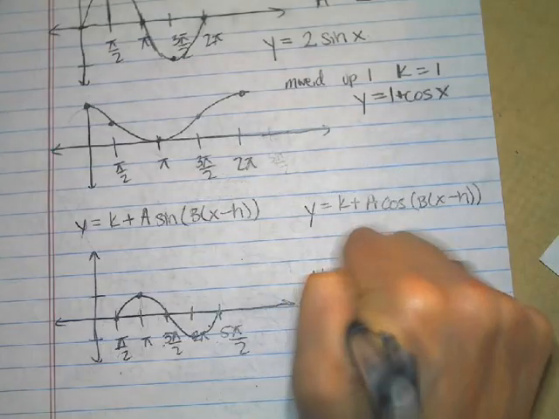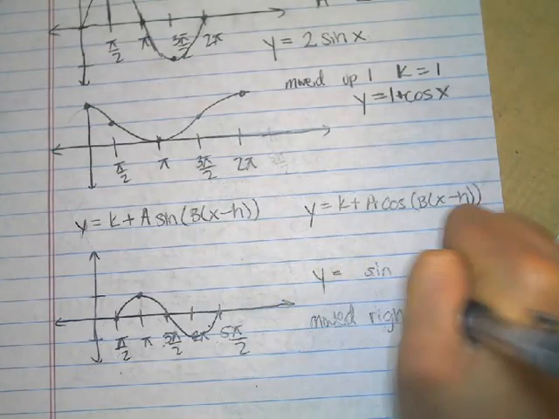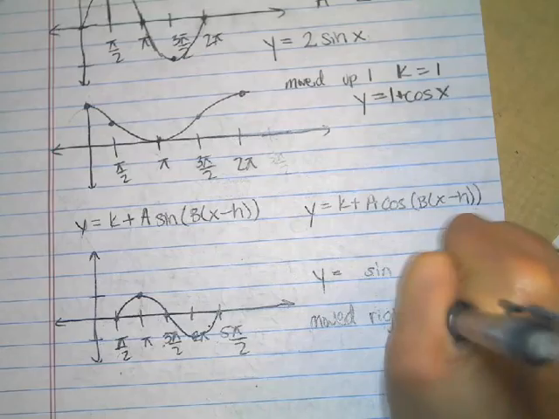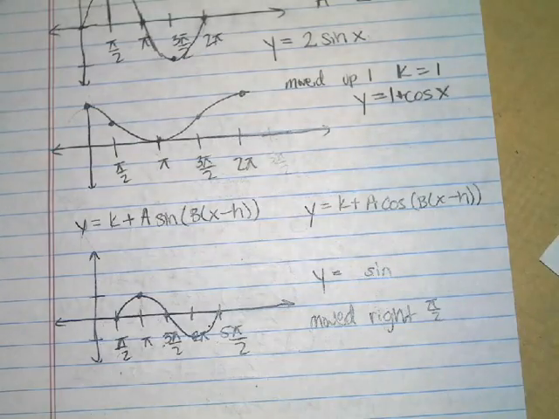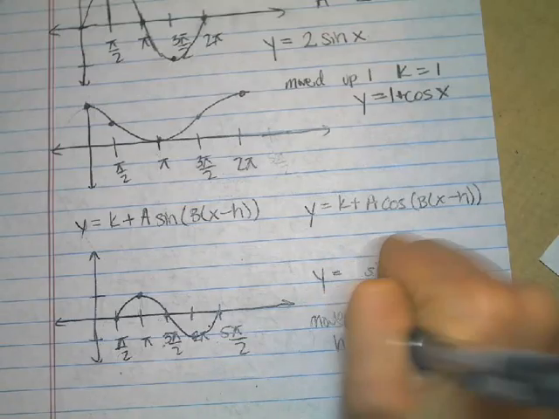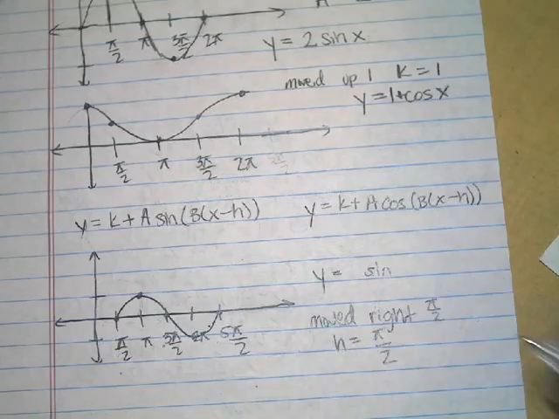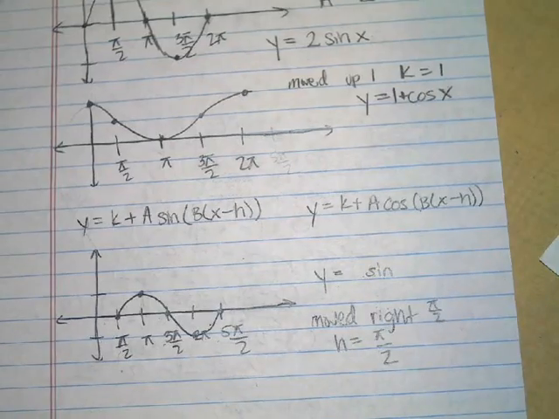Has it been moved left or right at all? No. What you want to notice here is the numbers on the bottom are different. Now, instead of taking 2 pi to do one cycle, so usually 2 pi is one cycle, for this, pi is one cycle.